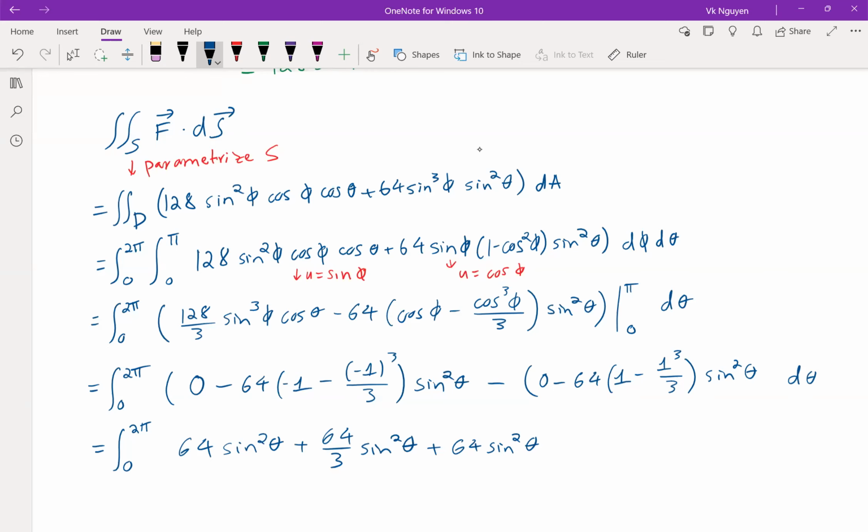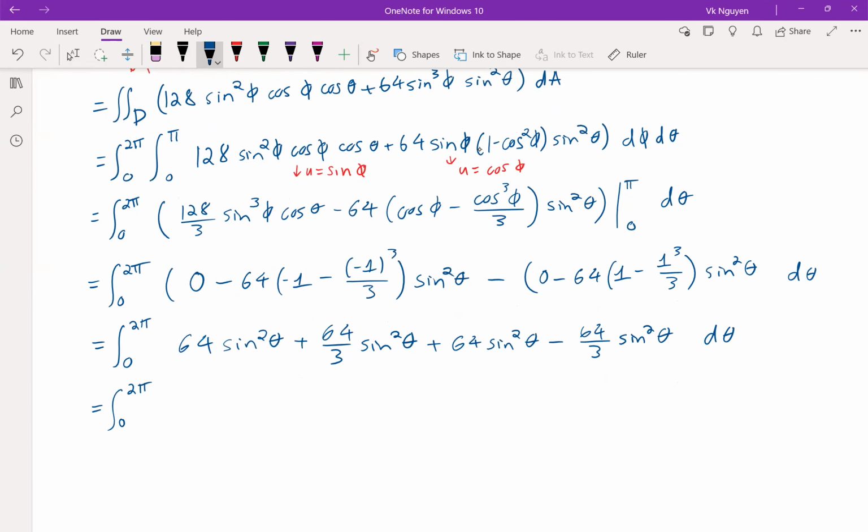Okay, so minus 64/3 sine squared theta. 64 plus 64 is 128 sine squared theta d theta.